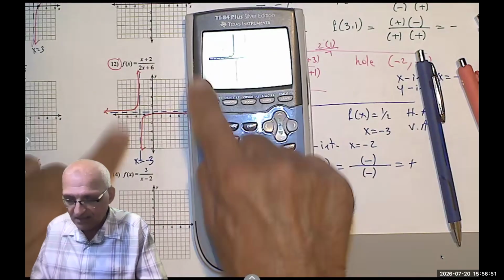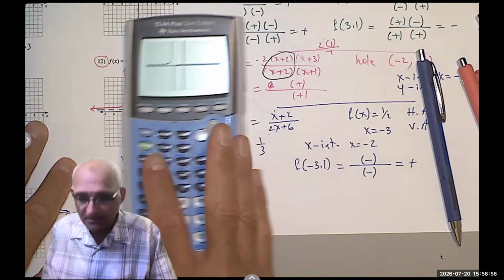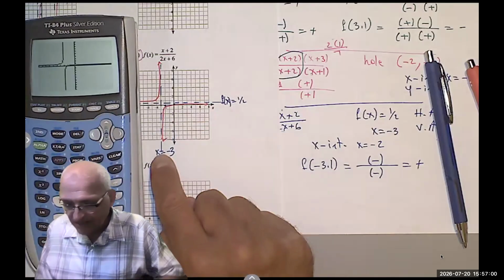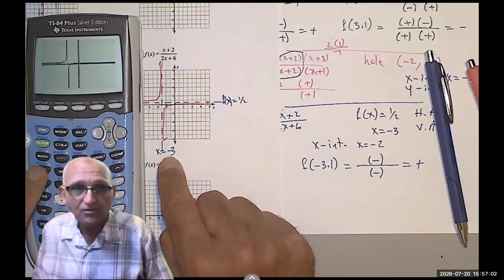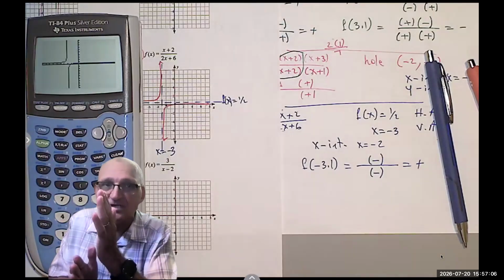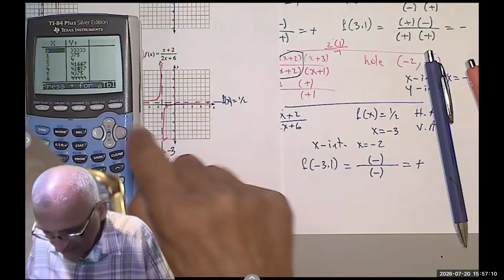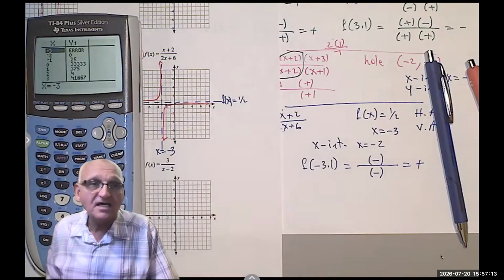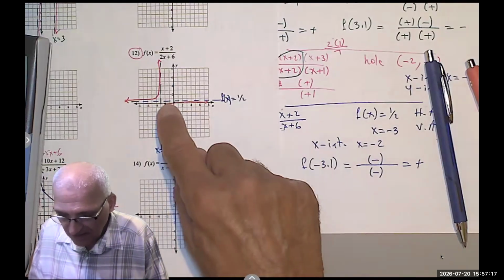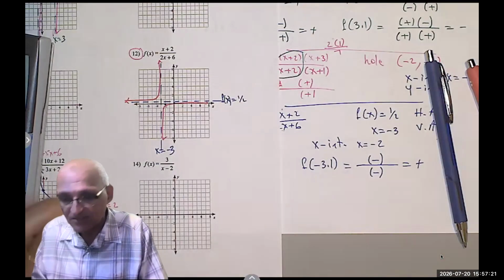But you can see that they don't show you exactly where the asymptote is, but if you say, give me the value of y when x is -3, you will get an error because it doesn't reach -3. It's slightly to the left or slightly to the right. Go to the graph at -3, you get an error. But at -2, you get 0 because we said this is the x-intercept, and the rest is history.